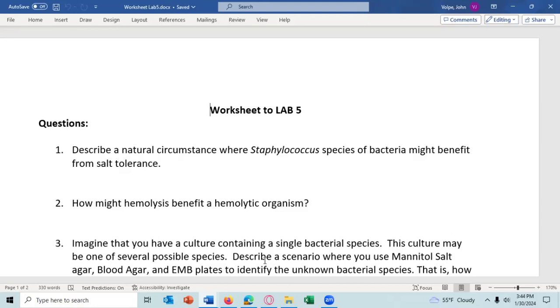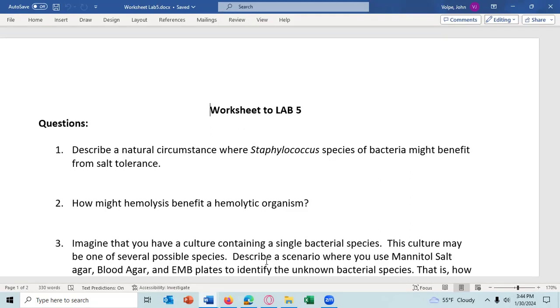Do not tell me something like a petri dish in the lab, because that's not a natural circumstance. And 2, how might hemolysis benefit a hemolytic organism? So here we have a bacteria that's hemolytic, and then it lyses the red blood cells. What advantage is that to the bacteria?